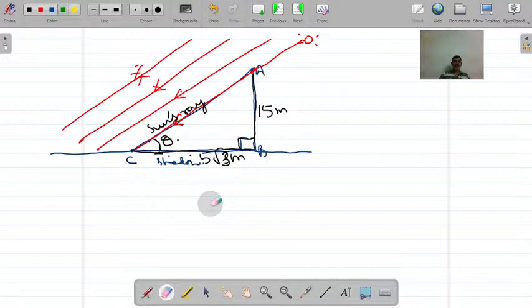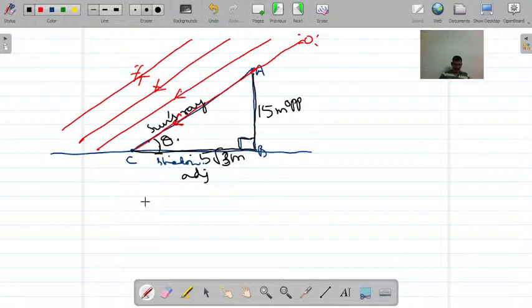Before selecting whether it is sine or tan or cos, in terms of this angle, you can see that this is opposite and this is adjacent. What is the trigonometric ratio that can connect opposite and adjacent?